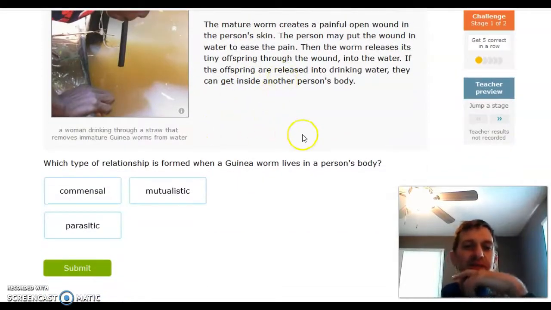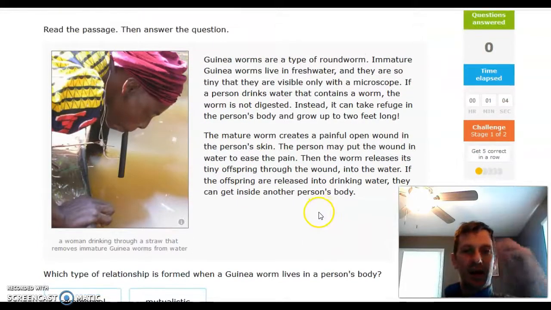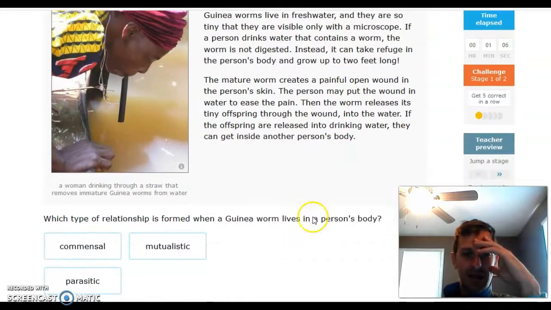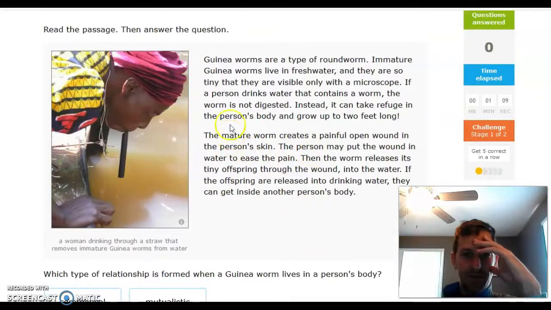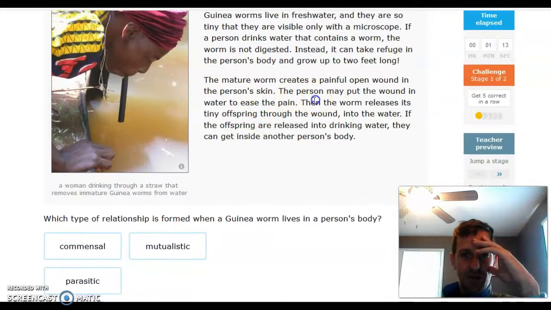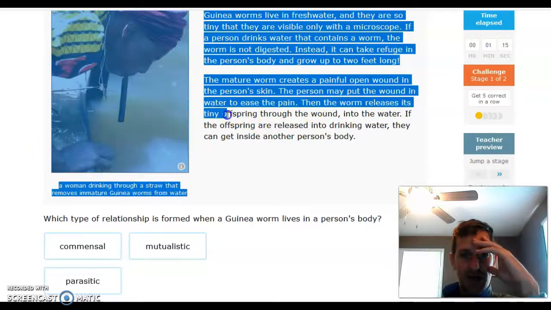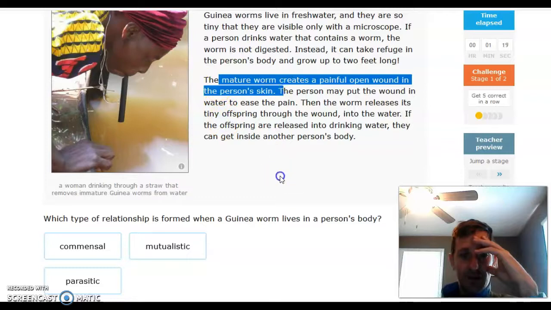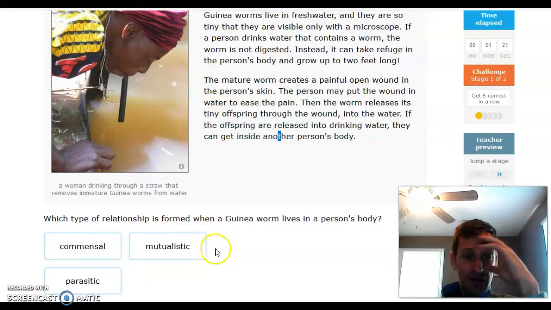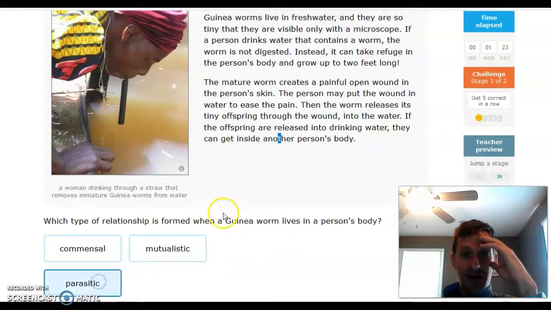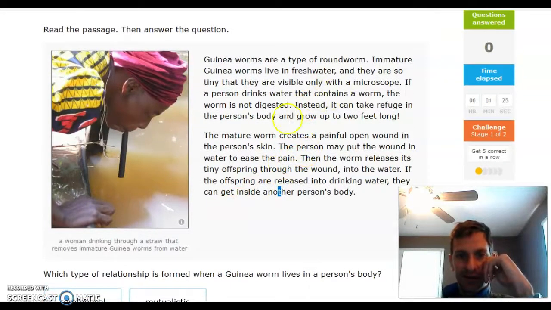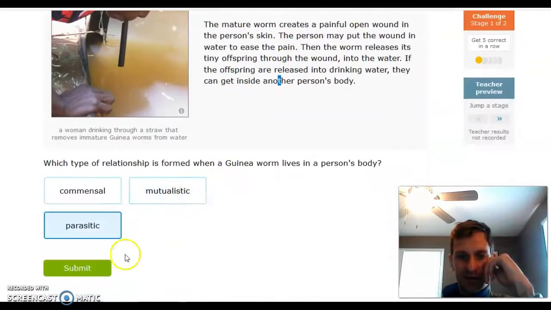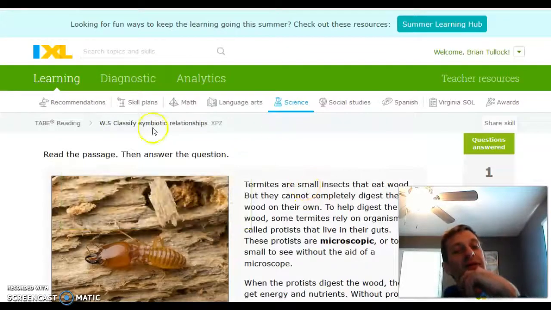What type of relationship is formed when a guinea worm lives in a person's body? All right, this is a challenging one. A worm releases its tiny offspring through the wound into the water. So is it commensal, mutualistic, or parasitic? That's a parasite, right?